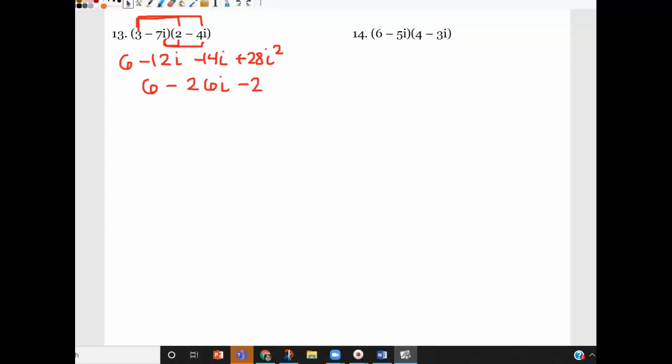So it would become negative 28. So you get negative 22 minus 26i.